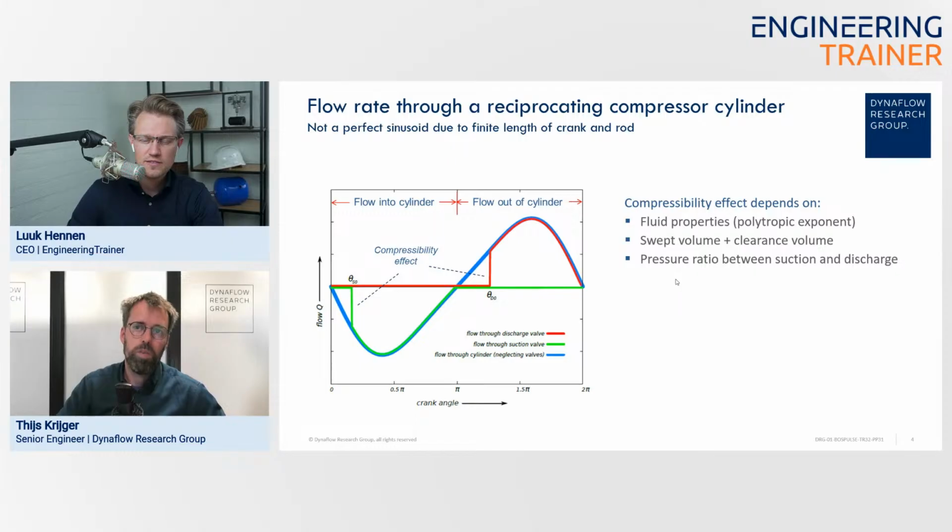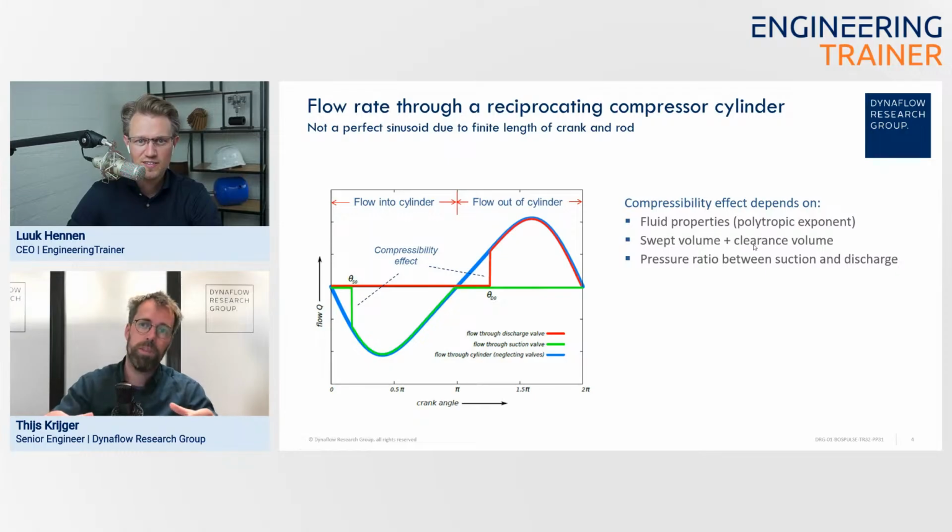So indeed, on both sides, both the suction and the discharge side, you're going to have a fluctuating flow. Yeah. And this exact shape or the amount of compression depends on some factors of your gas composition. Let's say how compressible it is. Yeah. It depends on the volume of the cylinder.